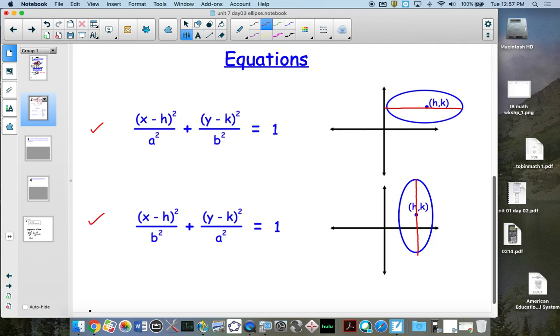So basically when you look at the equation of an ellipse, it has to be x minus something squared over a number plus y minus something squared over a number equals 1. So we always want to make sure that it equals 1. And then what we have to do is look at the two denominators. And whichever one is bigger, is that underneath the x or underneath the y? If the bigger one is underneath the x, then the major axis is horizontal.